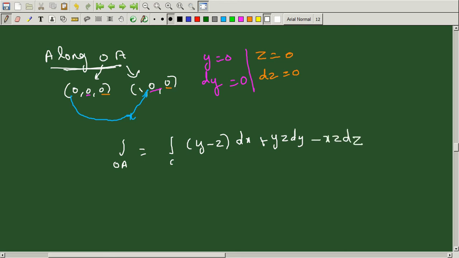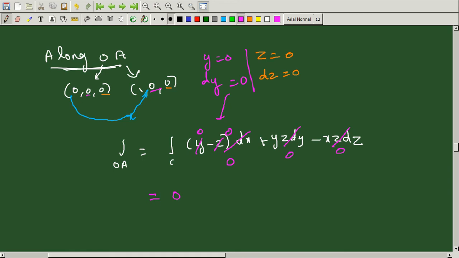Next, substitute the values. If y is 0 and z is 0, the whole term is 0. Here y is 0, z is 0, the whole term is 0; xz is 0, the whole term is 0. Anyway, the final answer is 0.